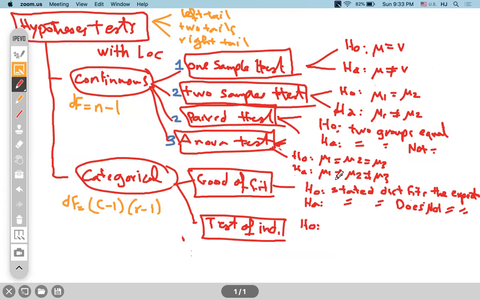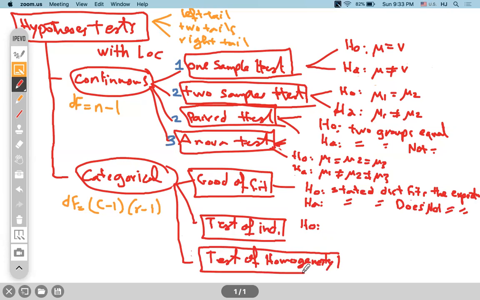We have two categorical variables in this case. So keep that in mind, guys. We have the test of independence, and we have the last one, which we explained, that is the test of homogeneity.